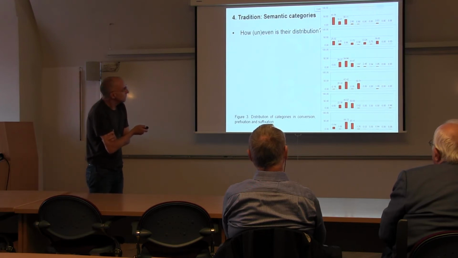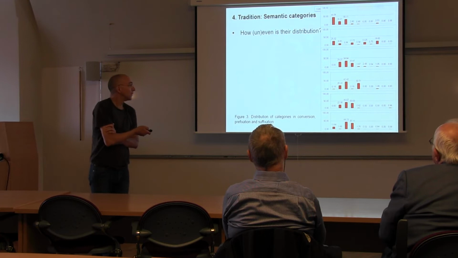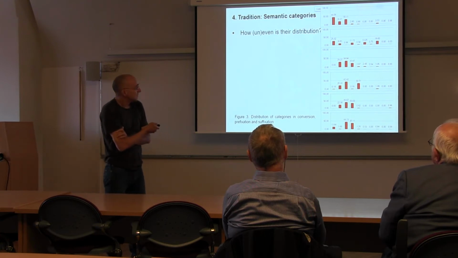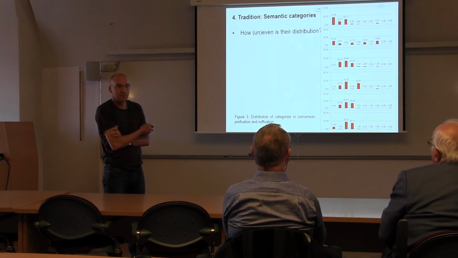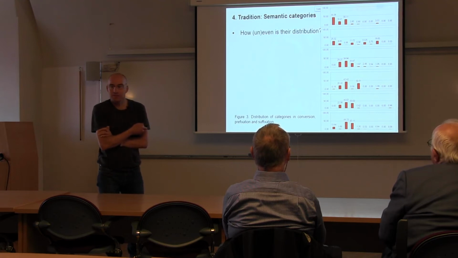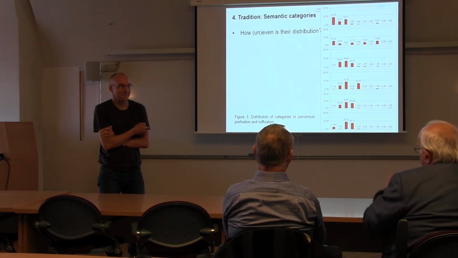I tried to see a common line here. I wonder if you could identify which the chart for conversion is, if you think one is very different from the others, or they all look the same to you. It's not quite clear.